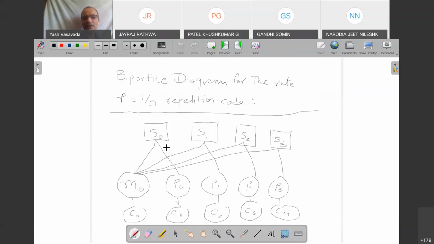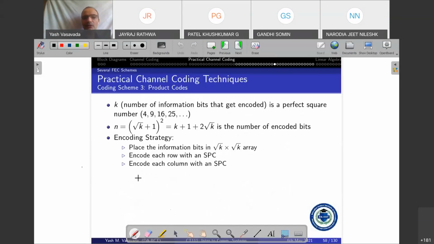This repetition code is nothing but 4 SPCs put together, where all these four SPCs are feeding off the same message bit. But it doesn't have to be just the same message bit. That is where the variety of coding schemes comes into play. And product coding is one such scheme.